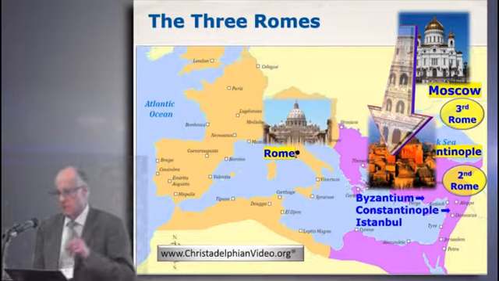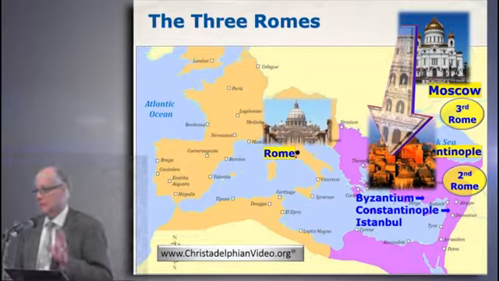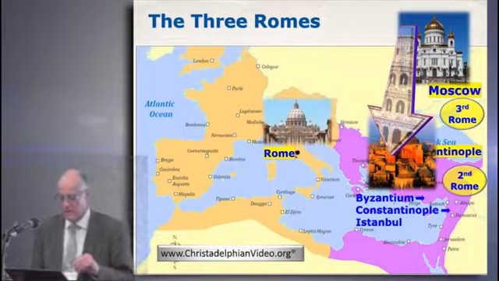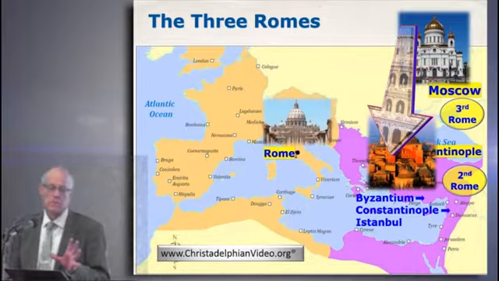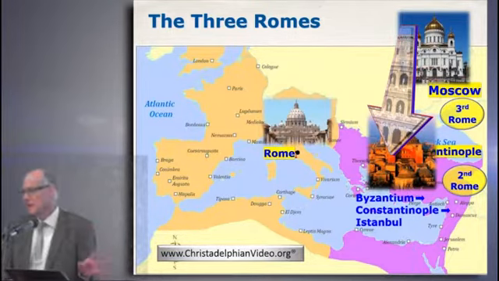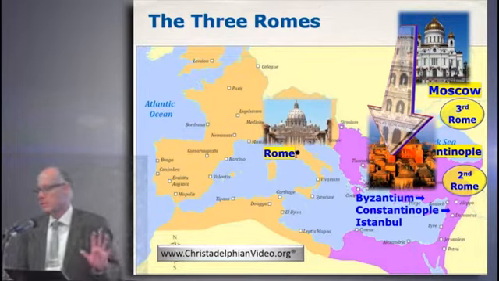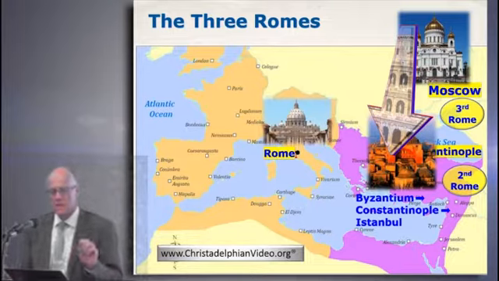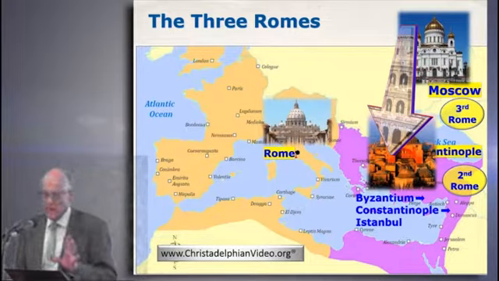But we know that the Russians very much want to have control of Constantinople. They've tried in the past, Crimean Wars and First World War, to regain control of Constantinople. They see that as the origins of their religion and the origins of their imperial aspects. So they want to retake it.